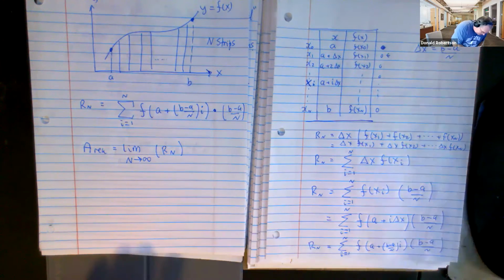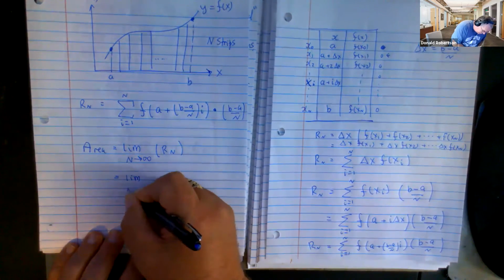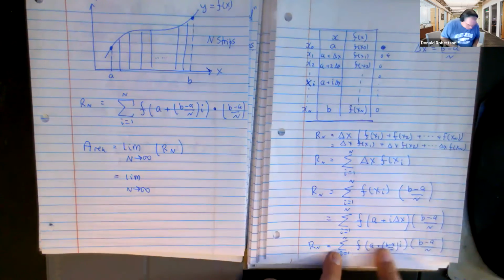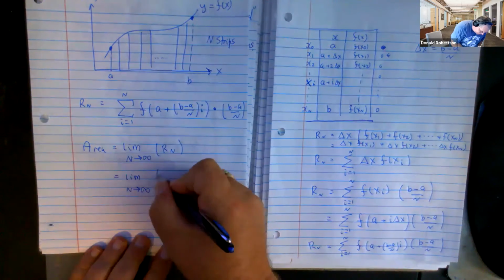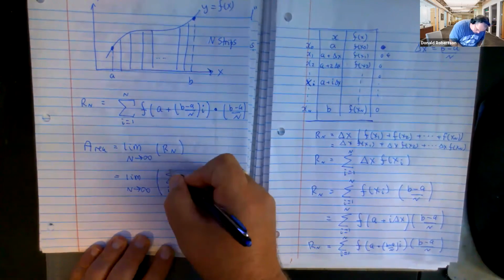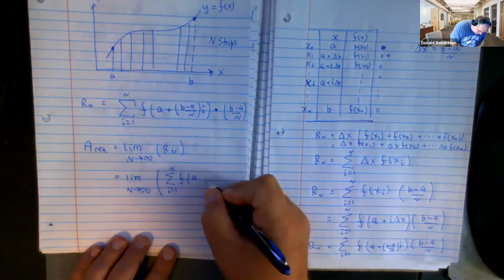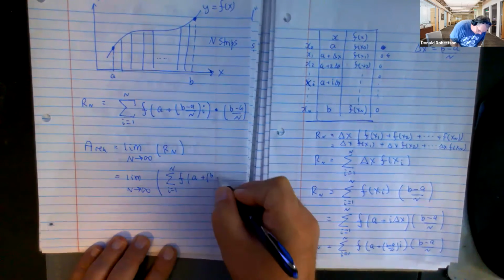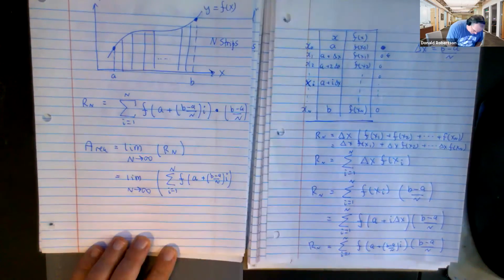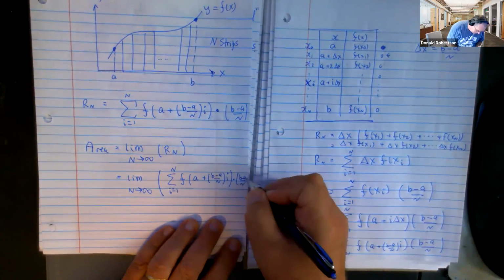So in the example that I've just got, if I write it now in its full format, instead of Rn, I write this horrible mess. It's going to be the limit as n tends to infinity of the sum from i equals 1 to n of f of a plus b minus a over n times i, times b minus a over n.